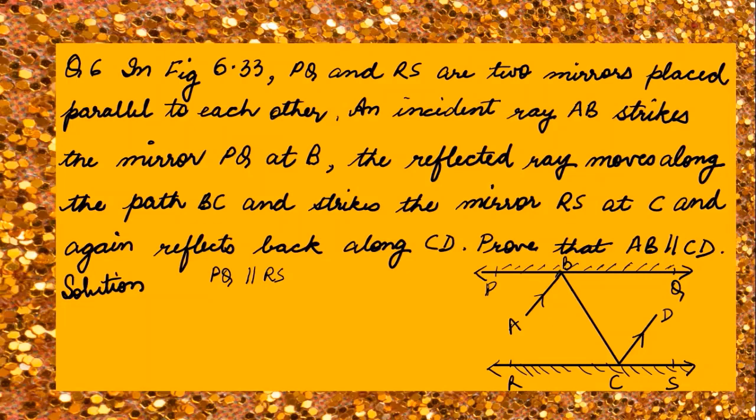So here first of all you have to do one construction. Give names BM and CN. Okay, then draw BM perpendicular to this RS and CN perpendicular to this PQ.